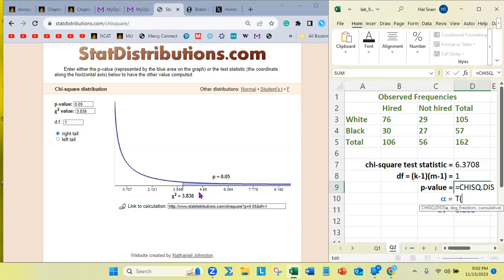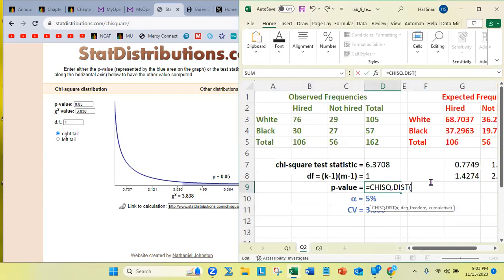Now, notice that the right tail is highlighted, or the right tail is blue, right? This independence test is a right-tailed test, an upper-tailed test. So there's a special function here. If I hit back, I can click on chi-square.dist.rt. That .rt is associated with upper tail probabilities.